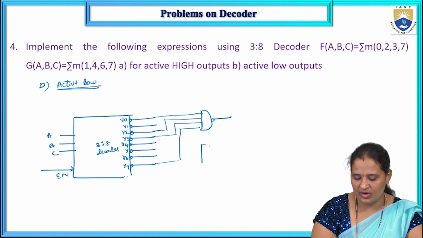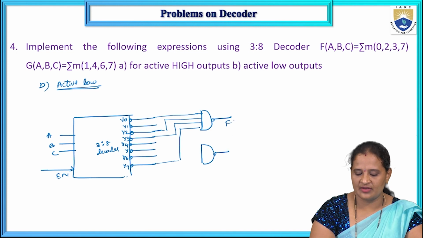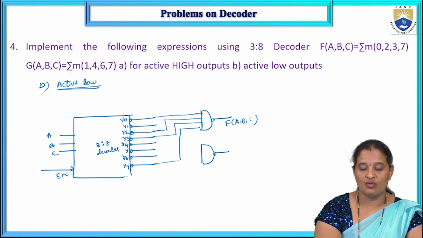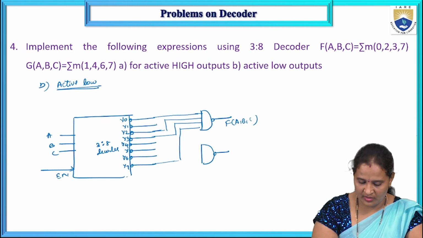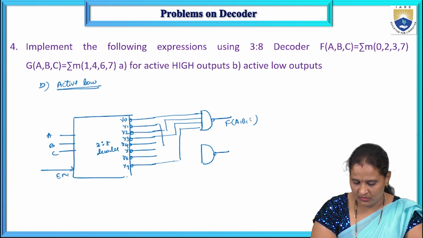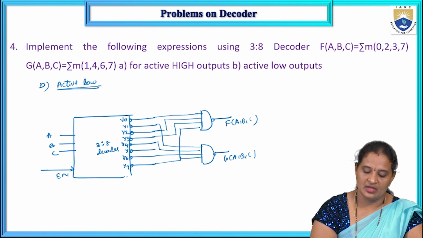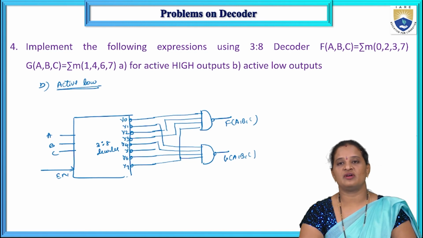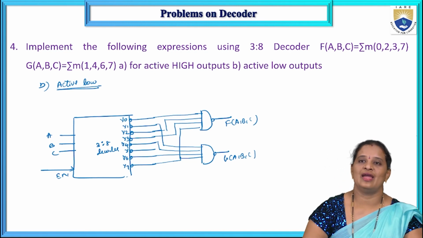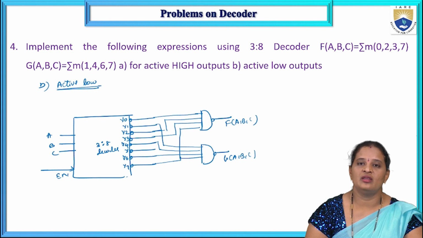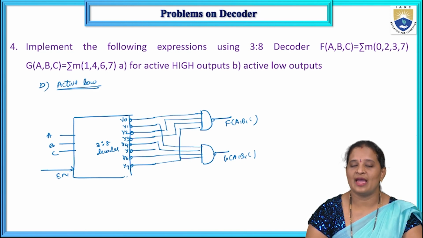This is F of A, B, C. Then I'm taking one more NAND gate, and to this one 1, 4, 6, 7. This is G of A, B, C. So this is the implementation of the given Boolean functions using NAND gates and a 3 to 8 decoder, when all the outputs are considered to be active low.